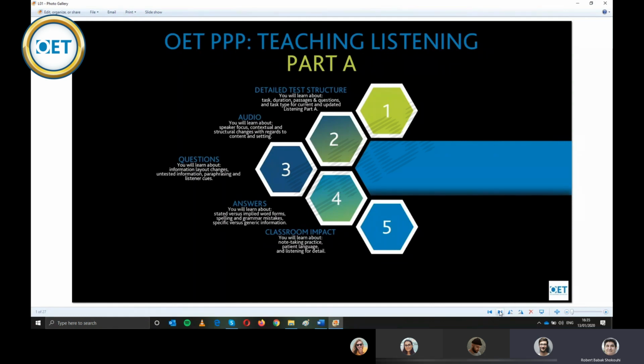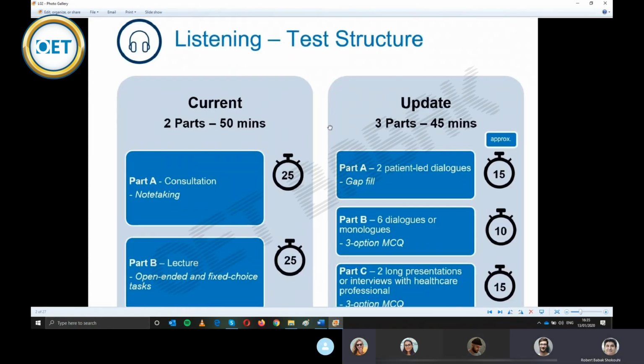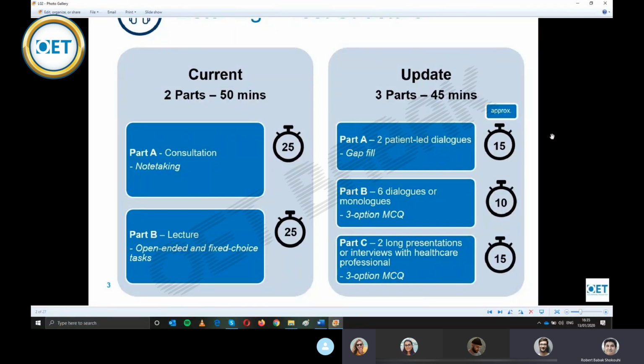To start with, we know that listening has three parts. In order to succeed in these different parts, you need different skills.